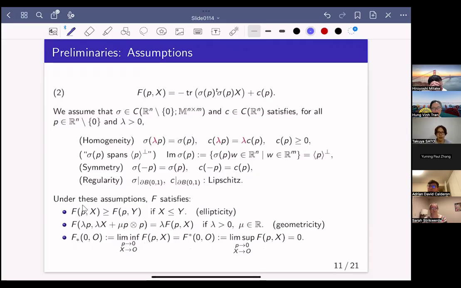So from these conditions, the equation f equals 1 is a quasi-linear and singular degenerate elliptic equation.